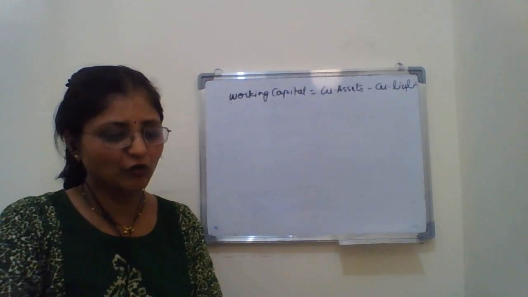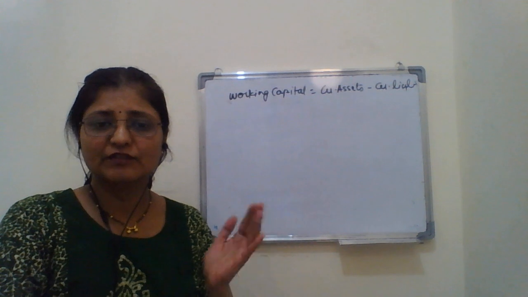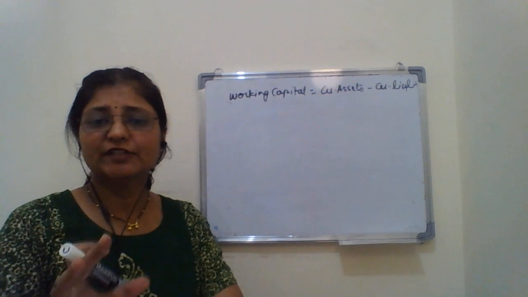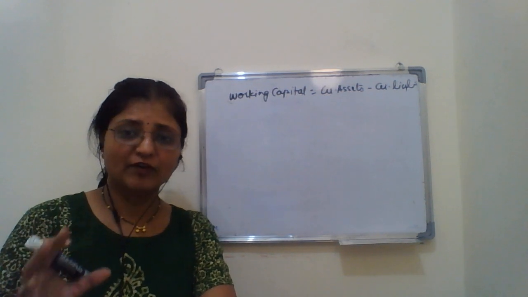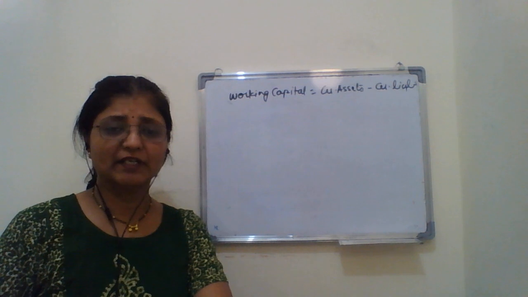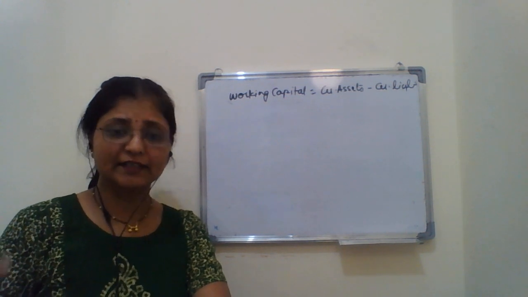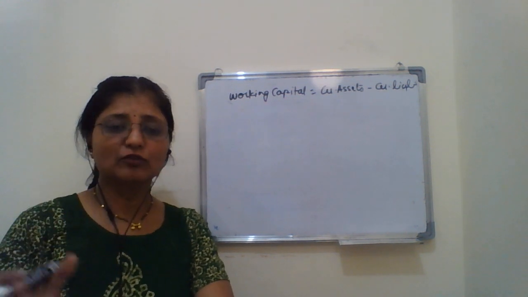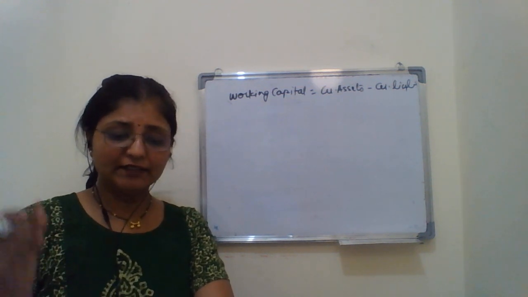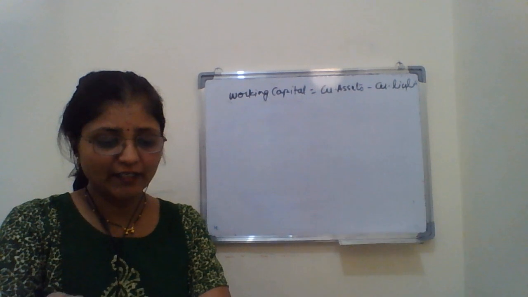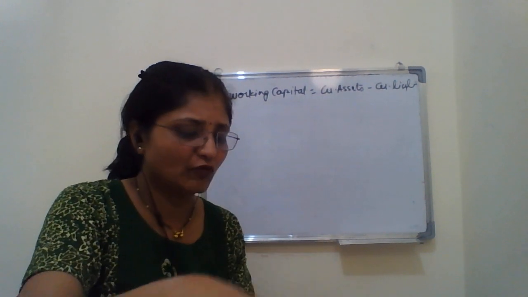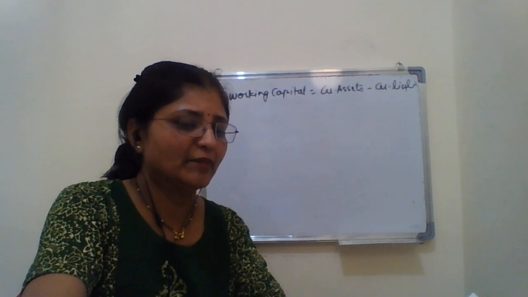So let us have a look. In all the illustrations given before this, you have to somehow find out the amount of current assets and current liabilities, or in case of quick ratio, quick assets and current liabilities, from the given information. So what is this illustration 13? Ratio of current assets to current liabilities.